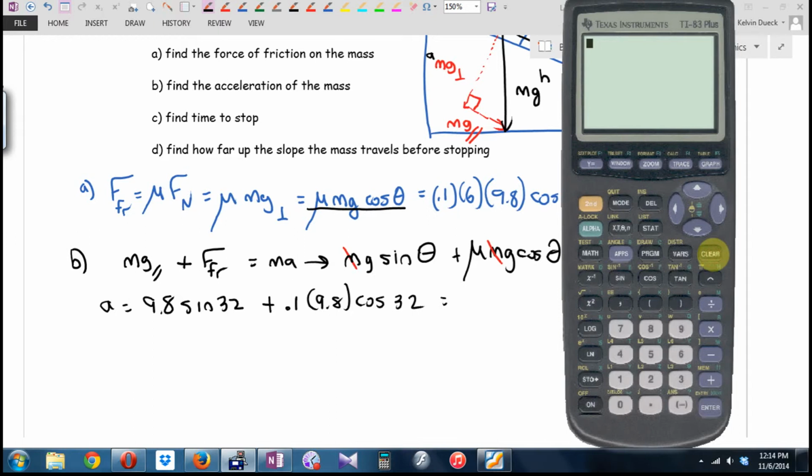And I'm looking at this angle, I'm expecting something far less than that, right? Oops, I forgot to close off a bracket. That was sloppy. 9.8 sine 32 plus 0.1 times 9.8 cos 32. You get 6.02 meters per second squared.